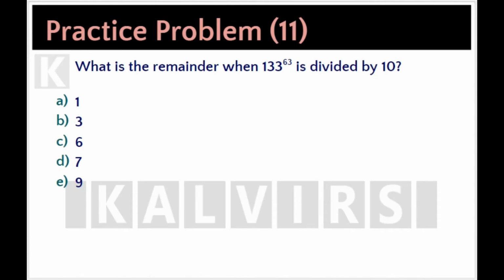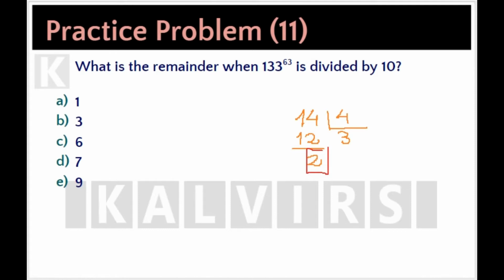What is the remainder when 133 to the 63rd power is divided by 10? First of all, remainders are what is left over in a division problem. For instance, 14 divided by 4, quotient 3, and remainder 2. Now, pick any number divided by 10.